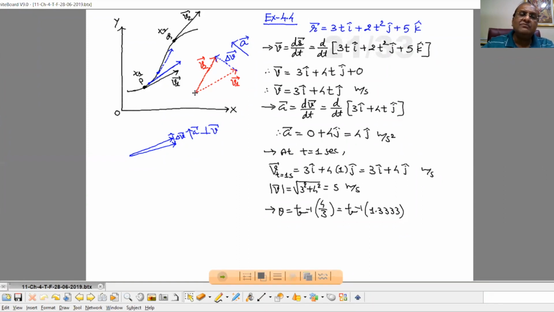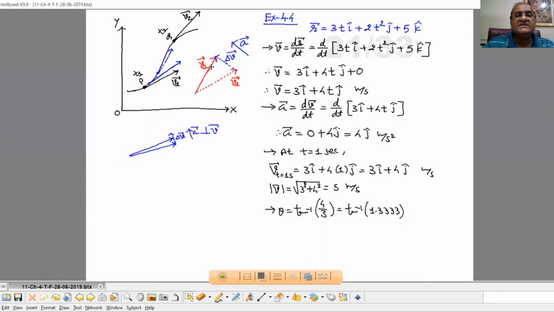So represent both the vectors from the same origin. This is vector v1. Without changing the direction and magnitude, we can draw vector v1, as we already discussed in the summation of vectors. Then draw another vector in the direction of velocity v2 with the same magnitude v2.